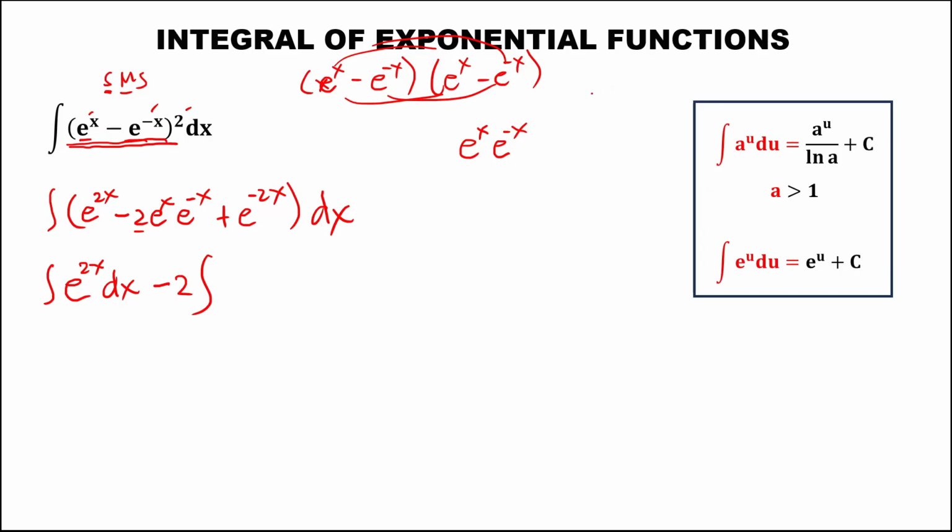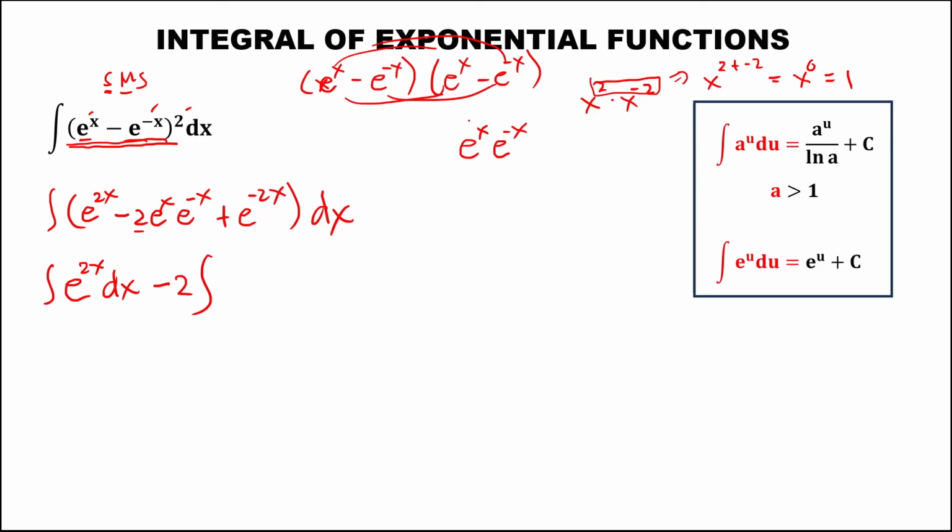Take note, if we have x to the power 2 times x to the power negative 2, for multiplication we need to add these exponents. So this becomes x to the power 2 plus negative 2, or x to the power 0, and if the exponent is 0, this is equal to 1.